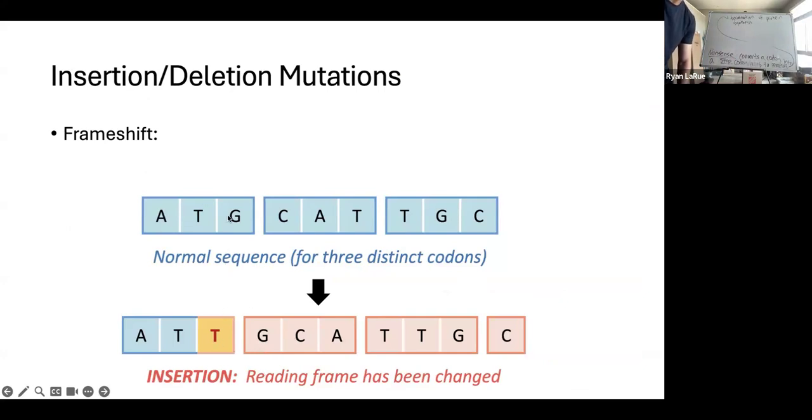So you see the ATG, CAT, TGC. Well, now it's ATTGCA. So it inserts a nucleotide here in between this G and C. And the classic catastrophic example of an insertion or deletion is called a frame shift.